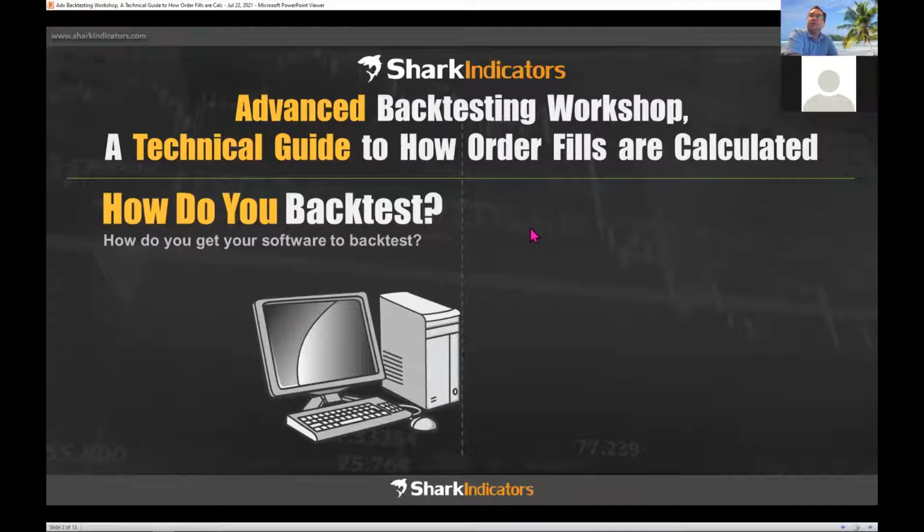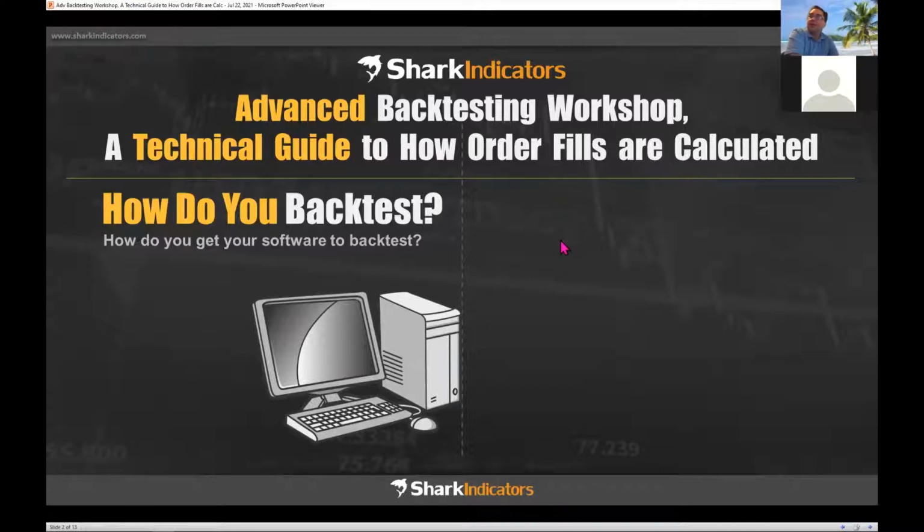So if you're using MultiCharts, TradeStation, MetaTrader, none of them really have any edge on top of the others. So when you do some backtesting, they're all following the same kind of guidelines, because there really is no other kind of solution for figuring out where those order fills get calculated.